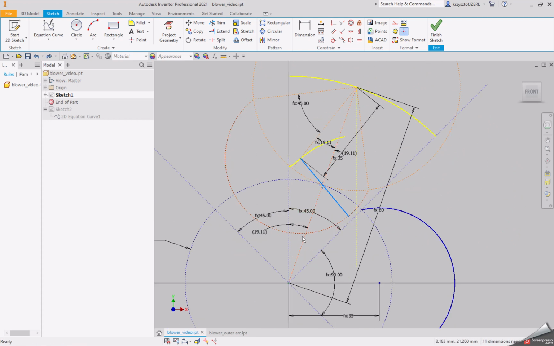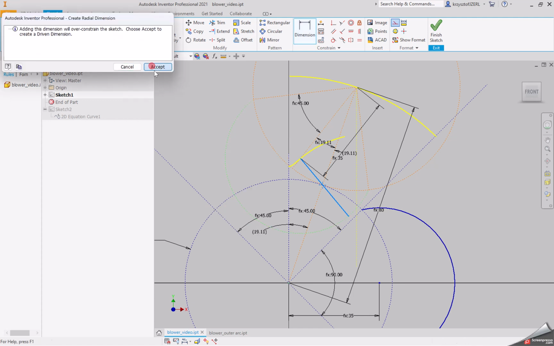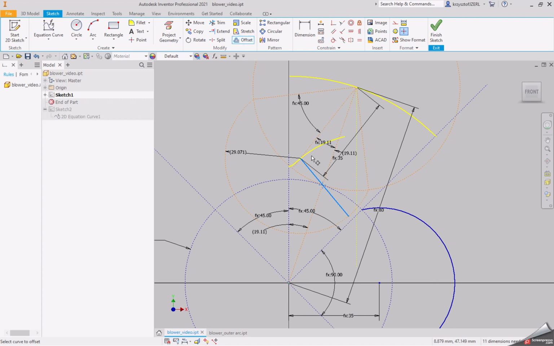So now to get the other point, we need to offset this curve by the radius. We could calculate the radius, or I will just make a value, and I will offset this by the radius here.